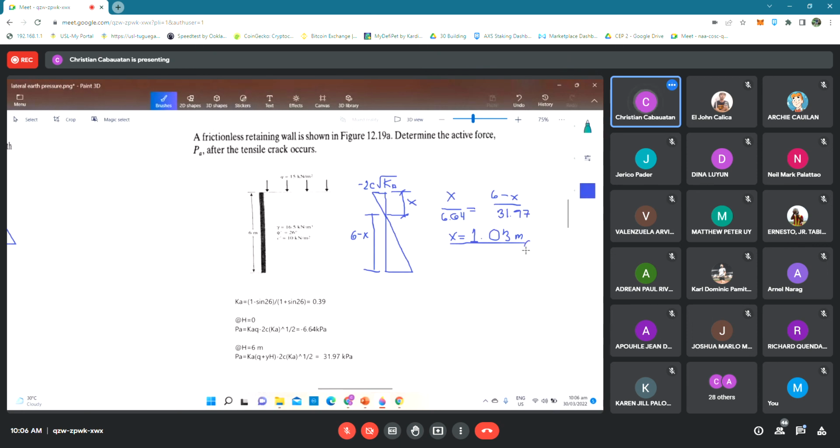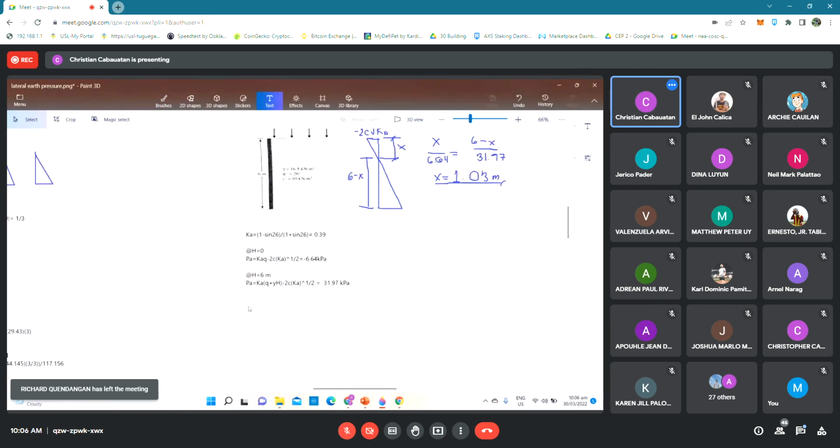And then let's go back to the force after the tensile crack occurs.